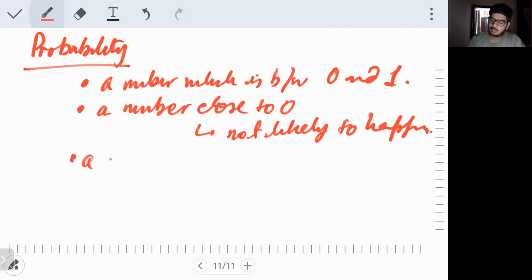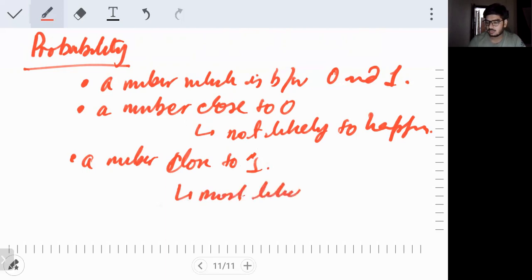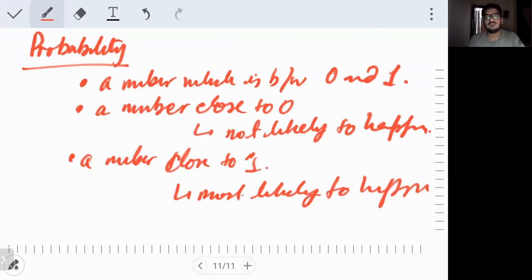The third case will be a number close to 1, sorry, and this is the case of most likely to happen. This could be the case where someone predicts that it will rain today, right?